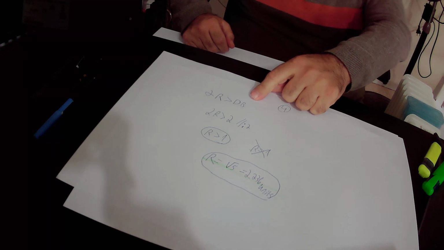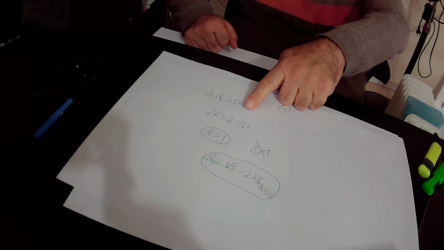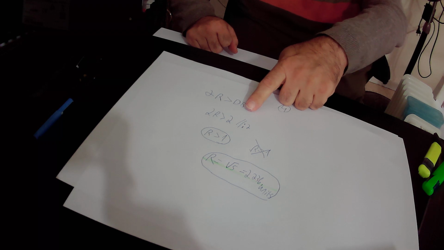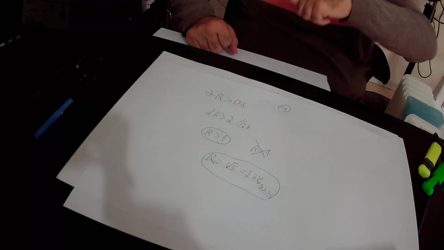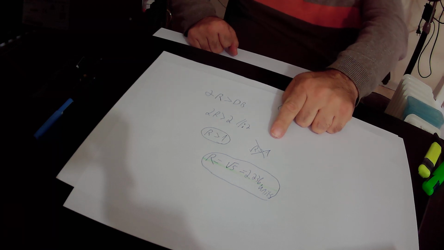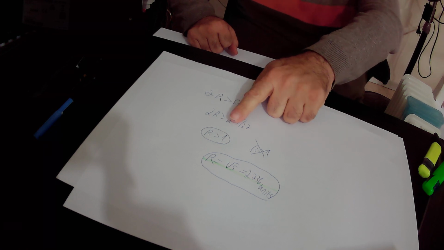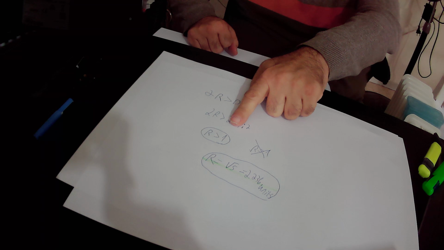We substitute DB by 2, so 2R is greater than 2. We divided this inequality by 2 and we found out that R must be greater than 1 unit. So the possibility that R equals 1 is not correct, because R must be greater than 1.